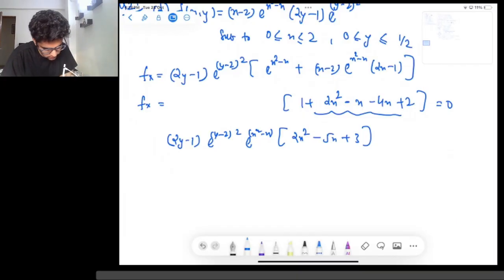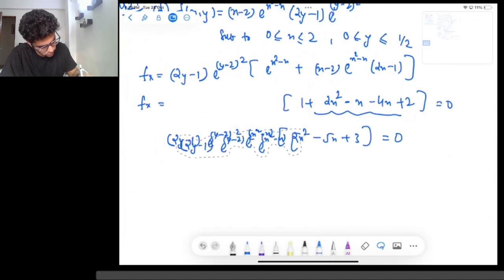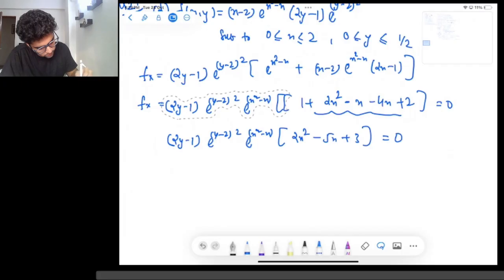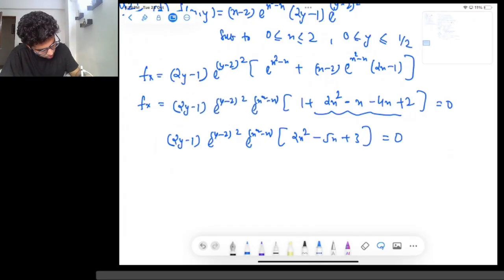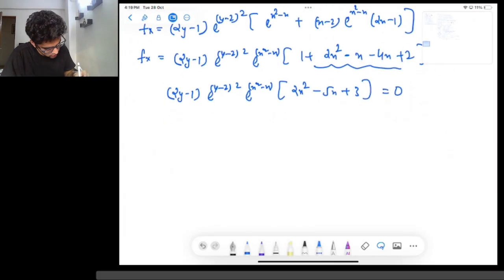So can we factorize this, because this should be equal to 0? 2x² - 5x + 3. If I try to factorize this, 2 into 3 is 6, and minus 3 into minus 2 is 6.